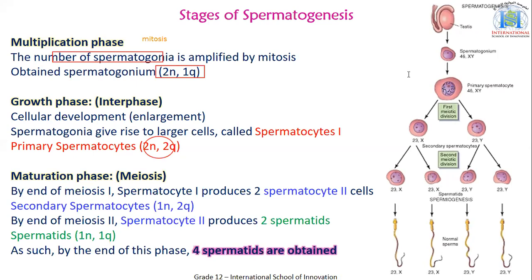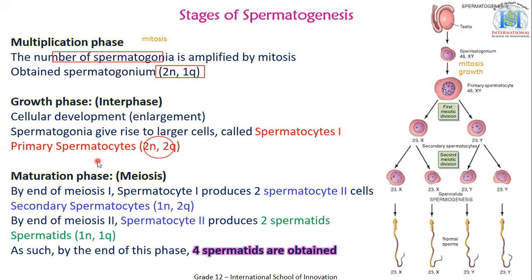So from here to here, this spermatogonium multiplies, so it undergoes mitosis, so the number of spermatogonia increases, and then growth of the spermatogonium leads to the formation of spermatocyte 1. This is primary spermatocyte, having 2N chromosomes with 2 chromatids.